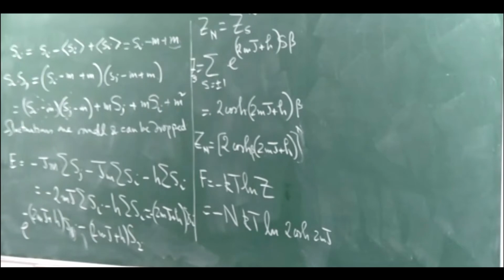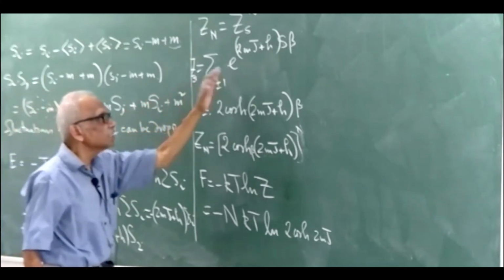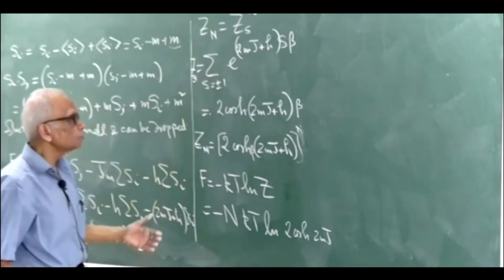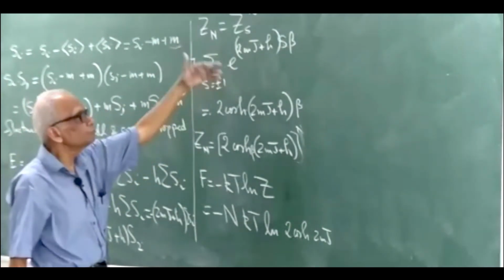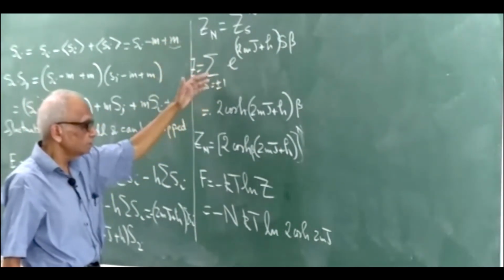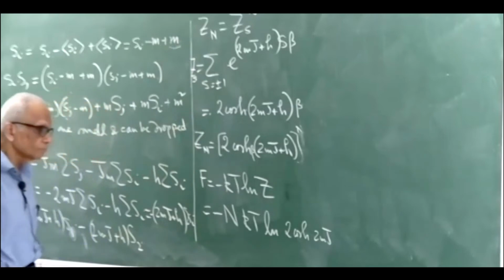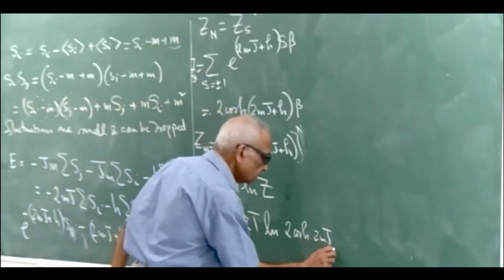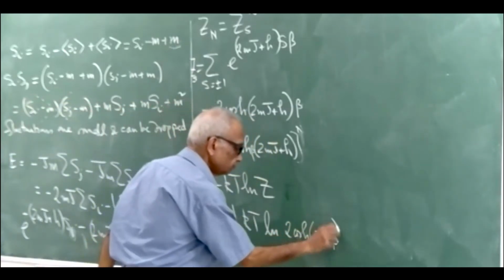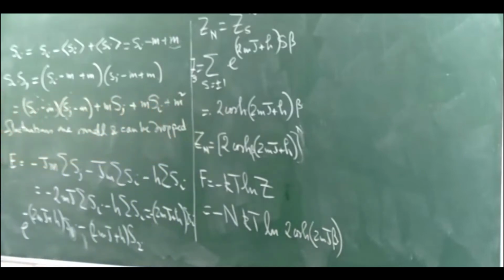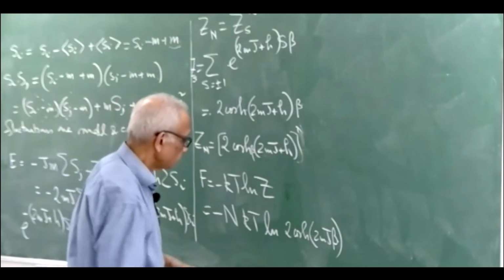At each site you carry out this sum, and if there are a total of n, then each one is multiplied, independent, and that's that. Except that I want a beta over here. Yeah. Oh no. Sorry.